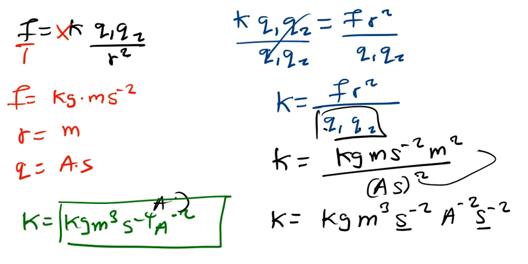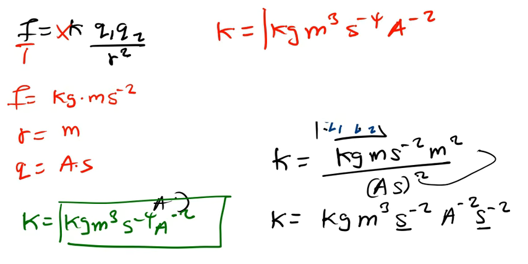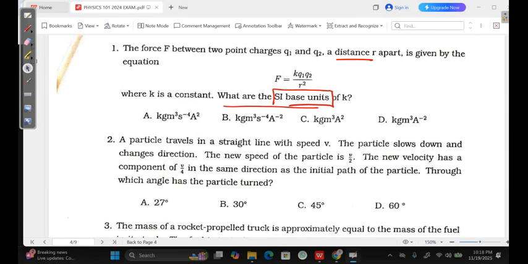So we have found k to be equal to kg m to the power 3, s to the power negative 4, a to the power negative 2. So you are telling me that the answer is A.